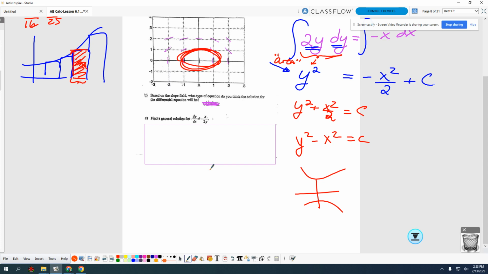Could you explain how you know which way it opens? Okay, well, when x is 0, y squared equals, let's make c 4. So y is plus or minus 2, right here, right there. Well, when y is 0, when is negative x squared equal to 4, or when is x squared equal to negative 4?